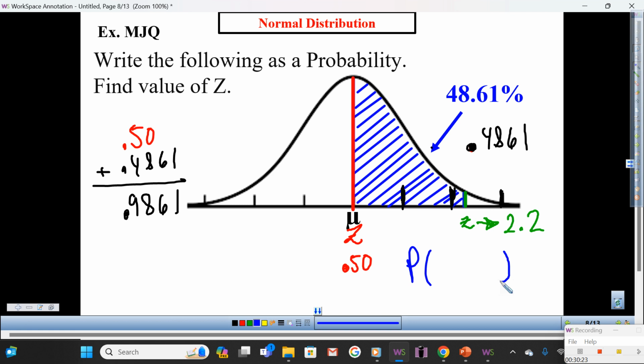We need a value for our mu, right? No. Mu. At this position of the line, what is the value of mu? It's a number line.